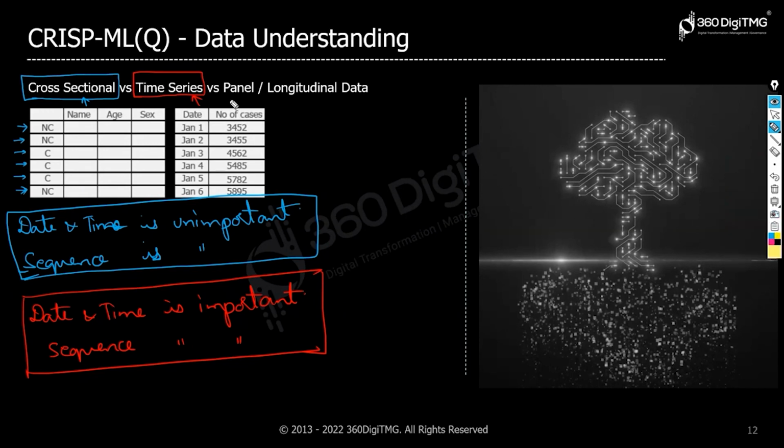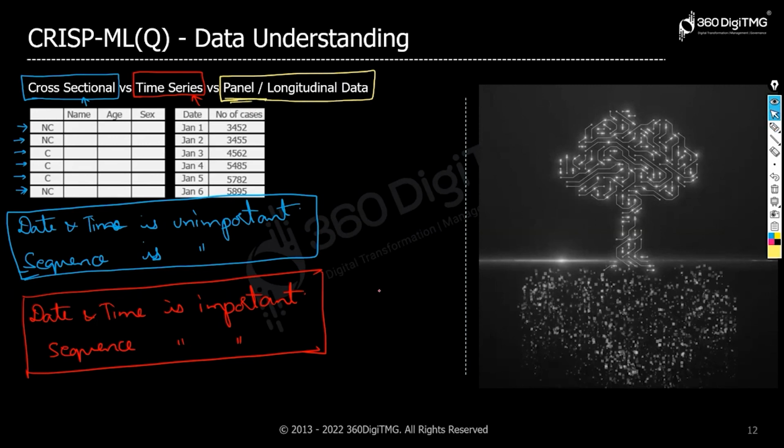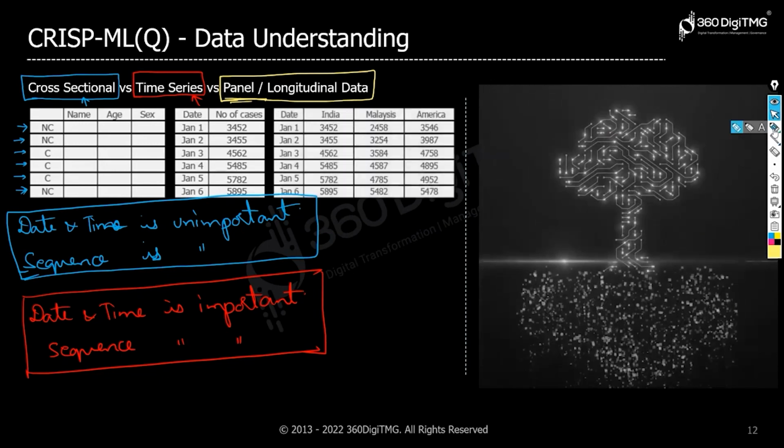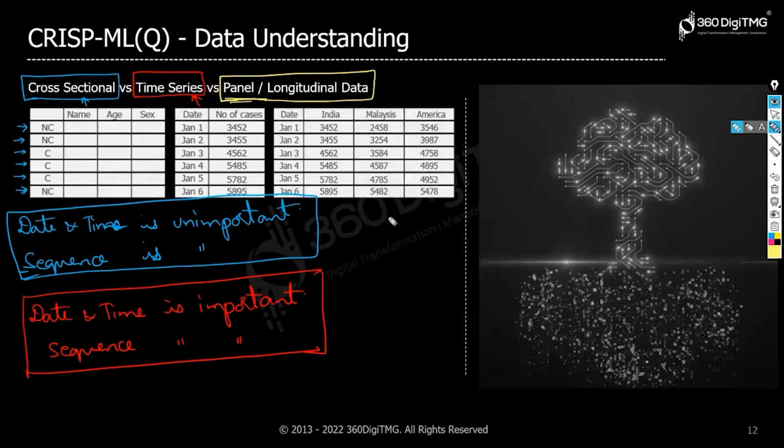Then we have panel data or longitudinal datasets. You pronounce it as longitudinal or longitudinal, doesn't matter. American and British pronunciations. Okay. So in this kind of dataset, this would take the properties of both cross-sectional datasets and time series datasets.